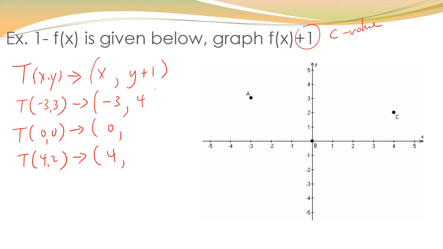3 plus 1 is 4. 0 plus 1 is 1. 2 plus 1, 3. And now we can graph our new points. So -3, 4 is right there. 0, 1 is right there, and 4, 3 is right there.